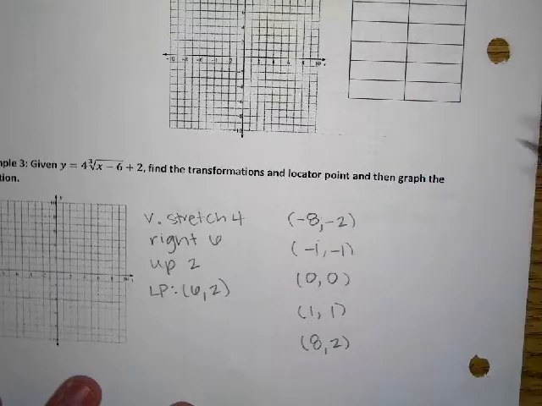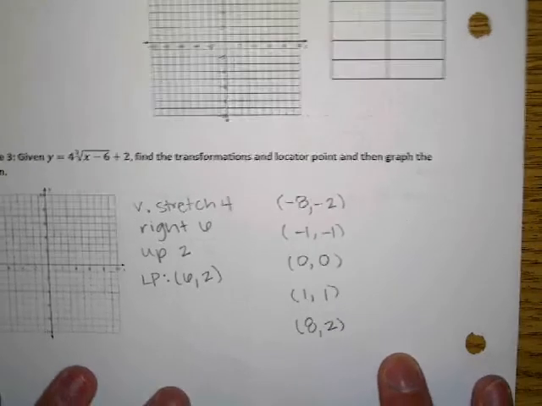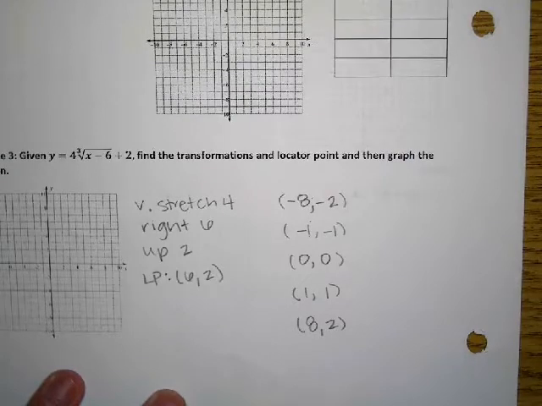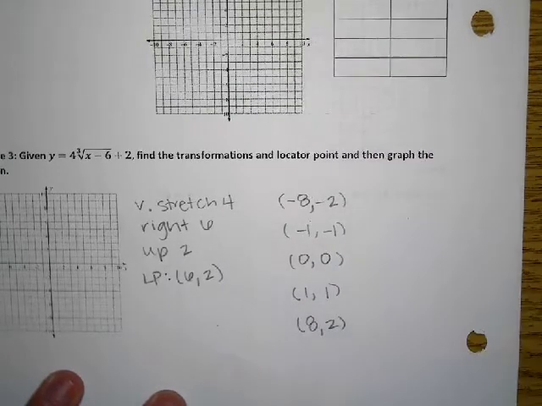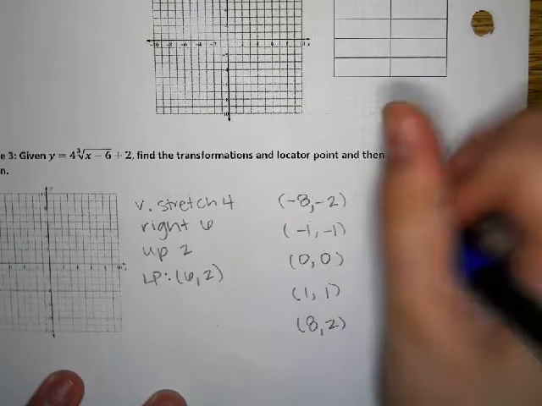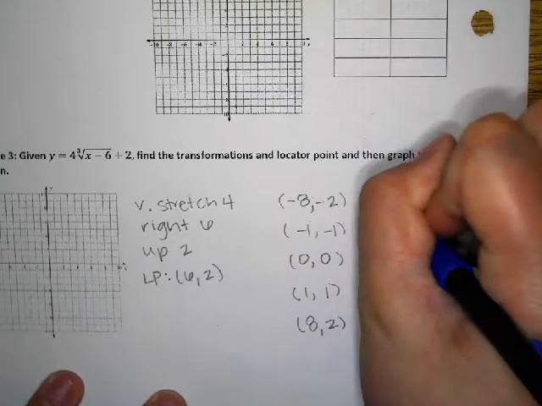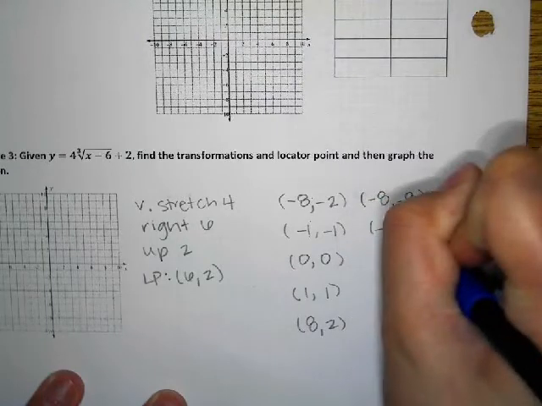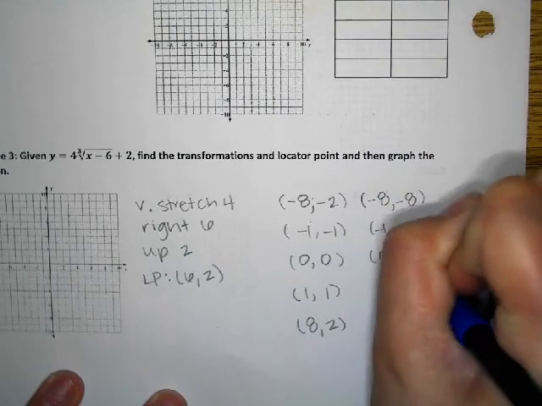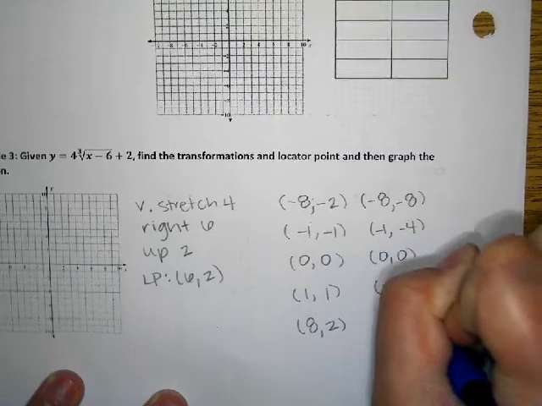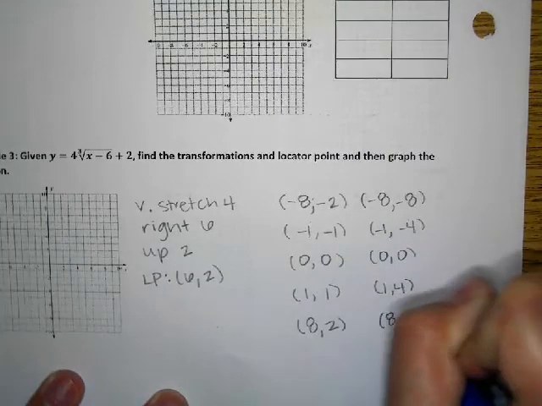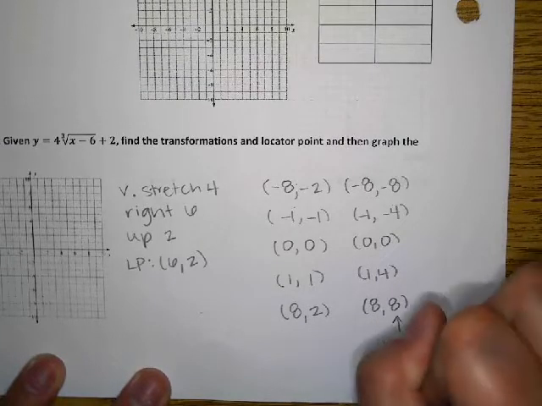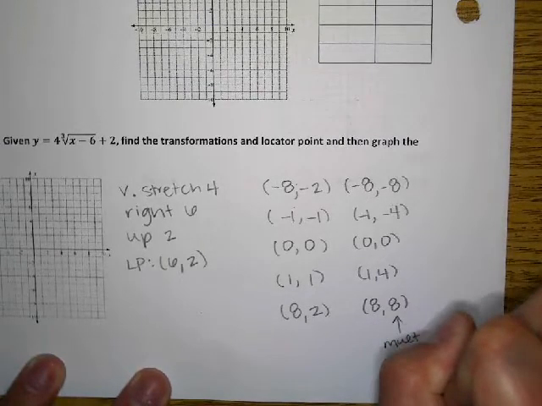Okay. All right, so how do I do a vertical stretch of 4? Okay, multiply by 4. Which coordinate? The y? Okay, so we're going to do -8, -8, -1, -4, 0, 0, 1, 4, 8, 8. Okay.